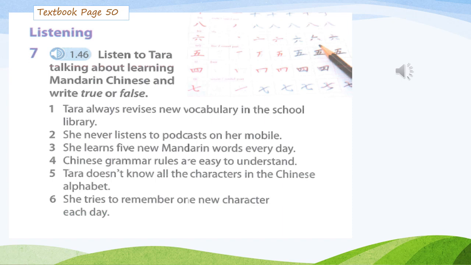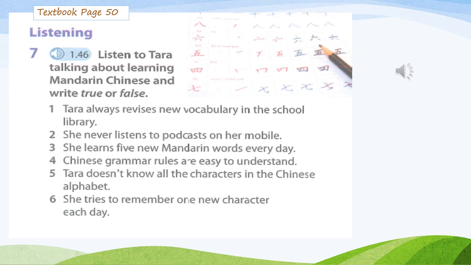The grammar rules are more difficult than English grammar rules, and they are very hard to understand. I don't know all the characters in the Chinese alphabet because there are more than 50,000. At the moment, I'm learning the most important characters.